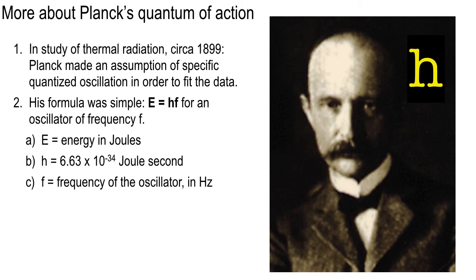And the energy is E equals hf. He's the one that figured that out around the year 1899, 1900, a few years before Einstein and Niels Bohr, about 10 years or so before those two.